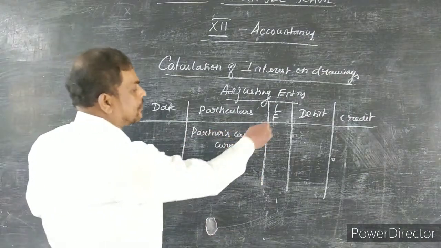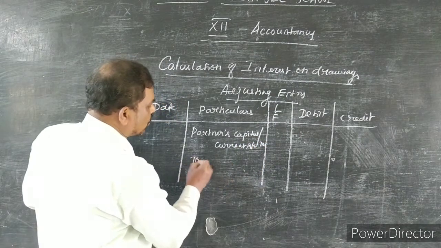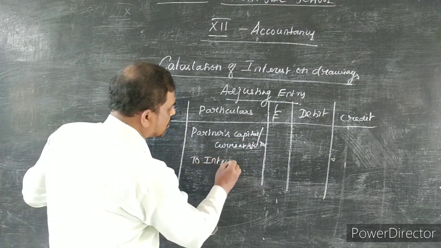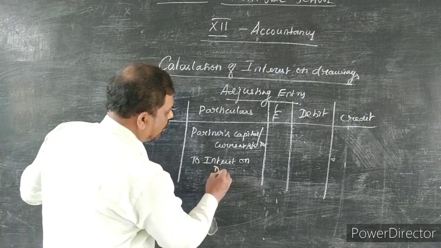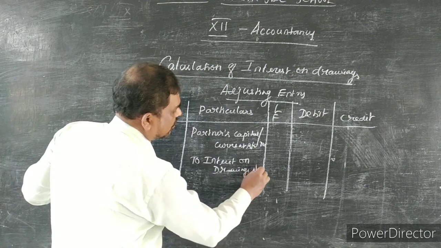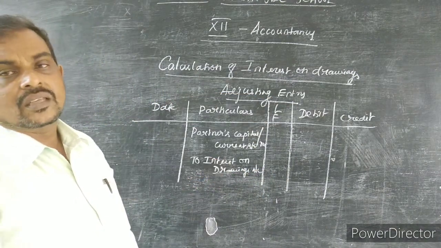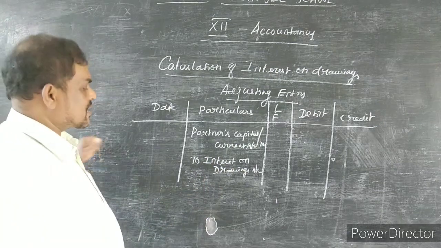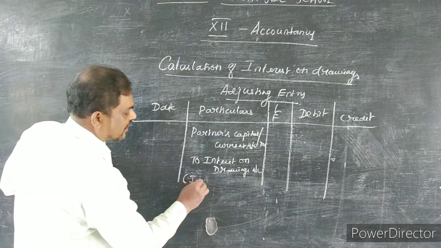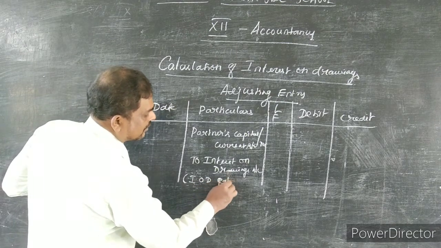So partners' capital or current account debit to interest on drawings account. Okay, this is the adjusting entry. The narration is: interest on drawings provided, calculated.